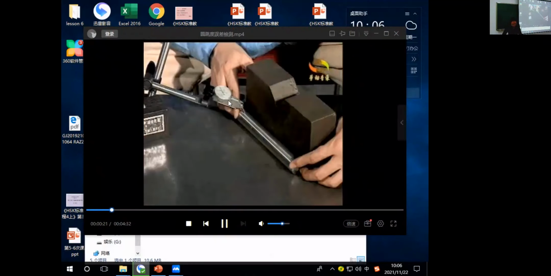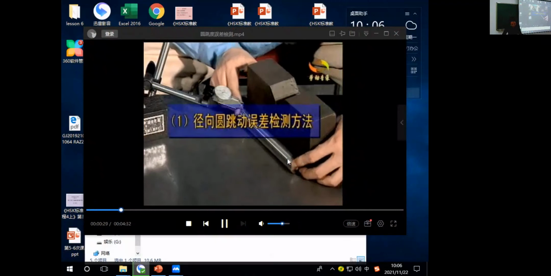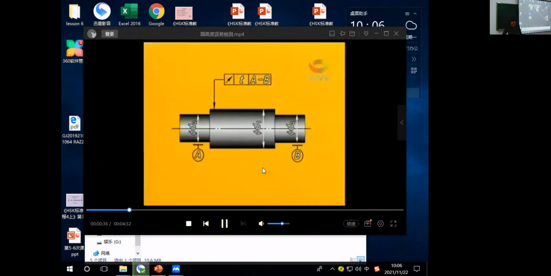We use the map, and we rotate this picture. We rotate the shaft, and we use this one to measure the data.